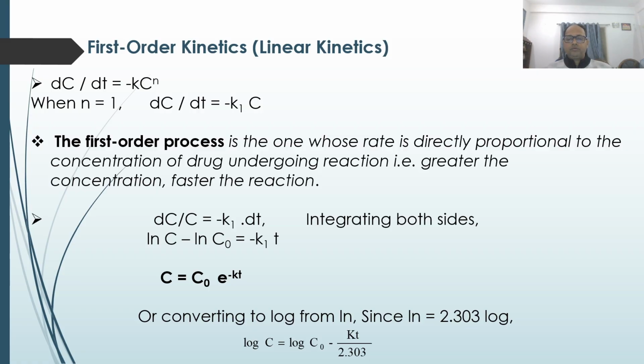What will be the slope? Minus k divided by 2.303. That will be the slope, and the y-intercept will be log C0. So this is in the form of a linear equation, and the negative sign indicates there is a constant decrease in the plasma drug concentration with respect to time.